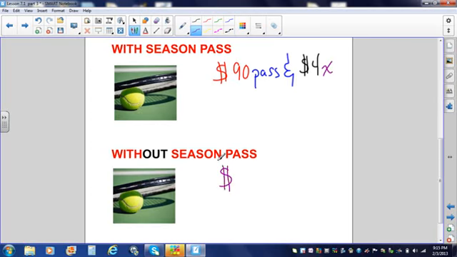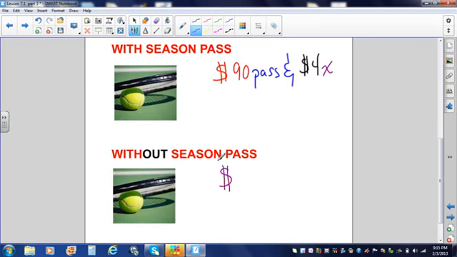Now we're going to use PO, process of elimination again, and let's get rid of choice D and choice B. Why did I get rid of those? Well, look at where the 90 is in this problem, and look at where the 90 is in this problem. It's $13 per session without the season pass.